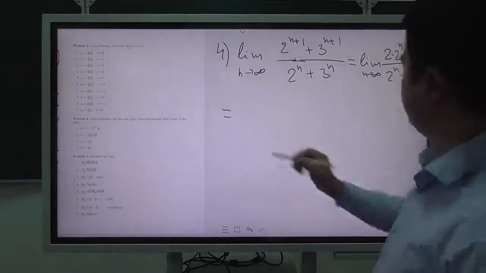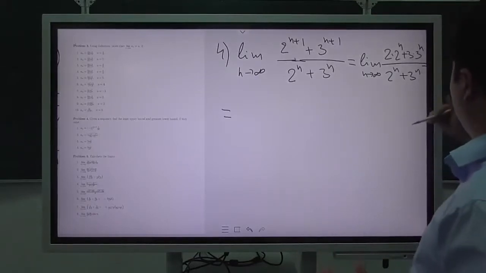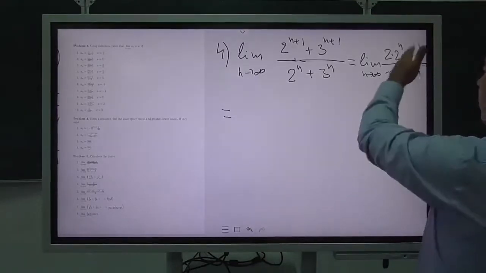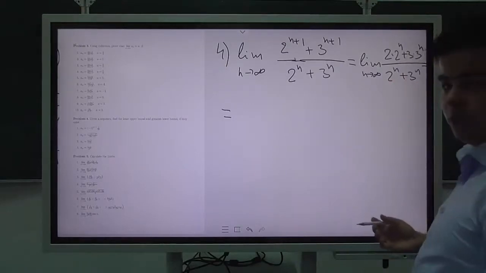If we continue, now we can divide by one of them, 2 to the power of n or 3 to the power of n. Let's divide by 3 to the power of n.